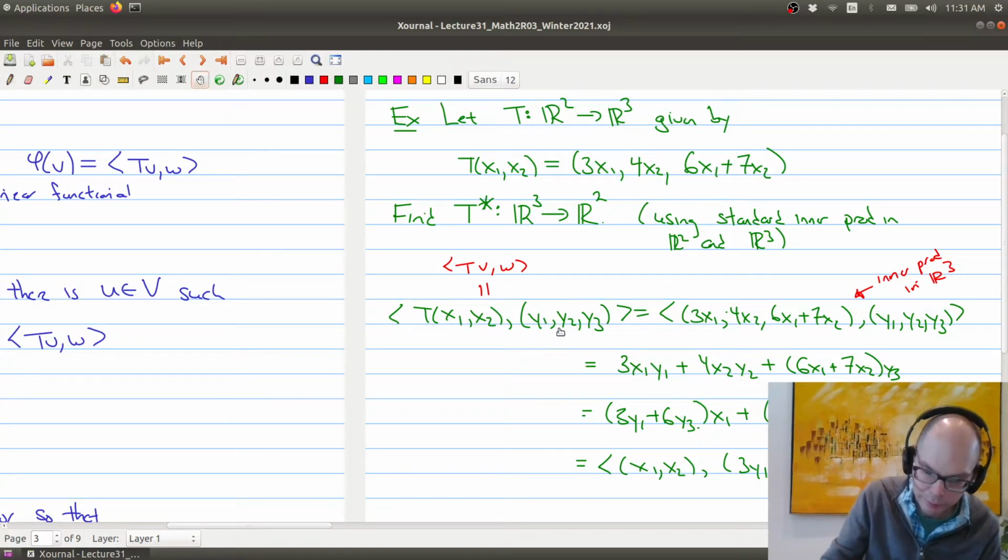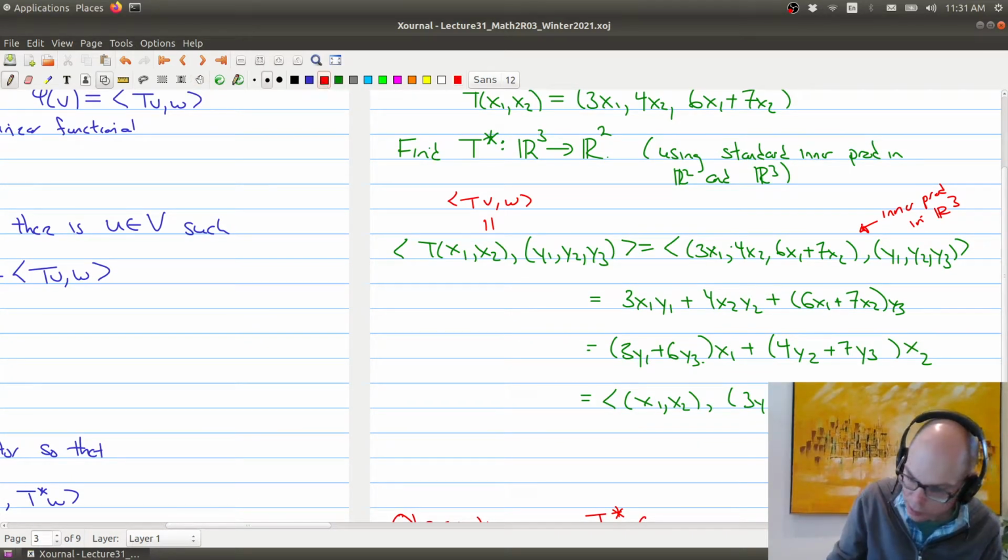This is the inner product in R2. So this is how we go from here to here. And so this is going to be equal to our vector x and T star of w.